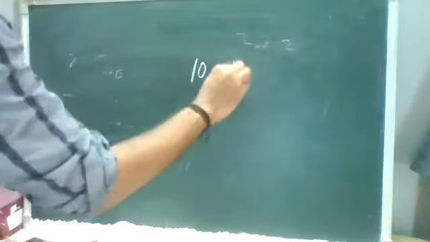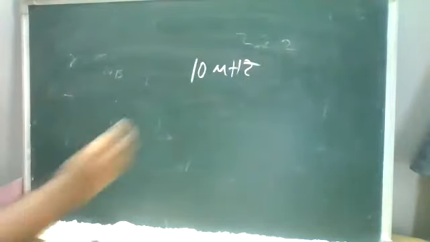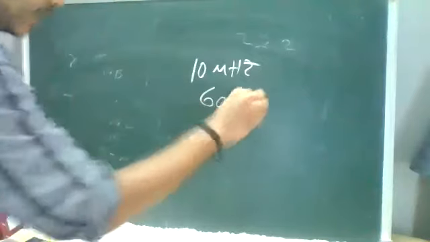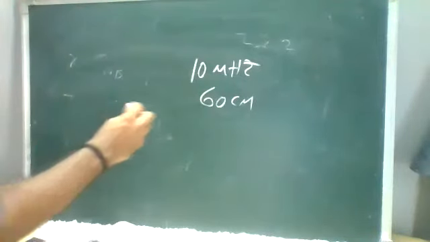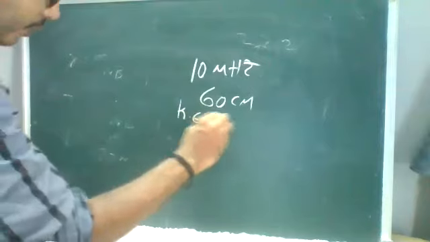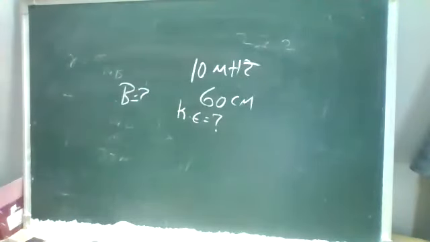What should be the operating magnetic field for accelerating protons? If the radius of the dee is 60 centimeters, what is the kinetic energy of the proton? So we need to find the magnetic field and we need to find the kinetic energy of the proton.